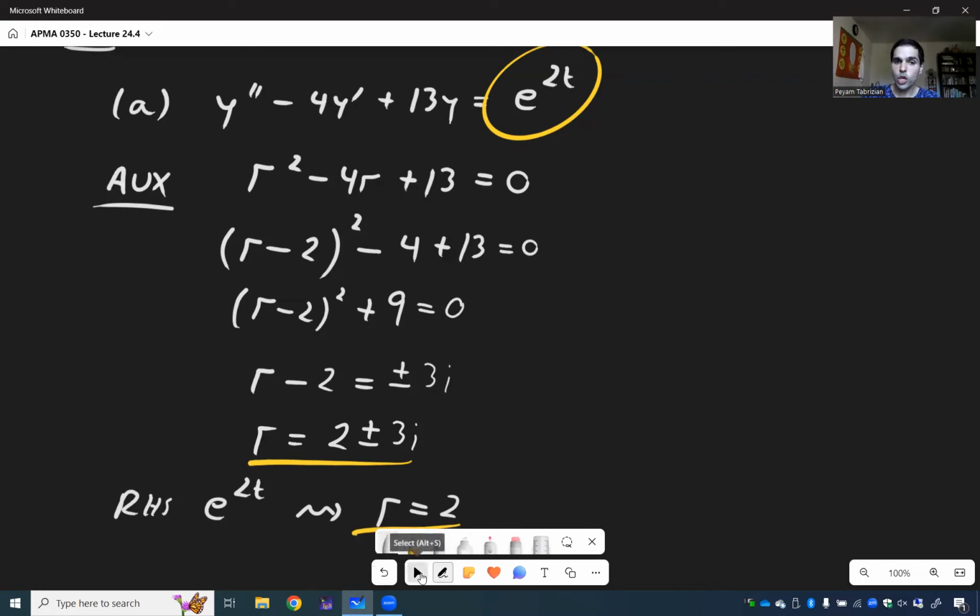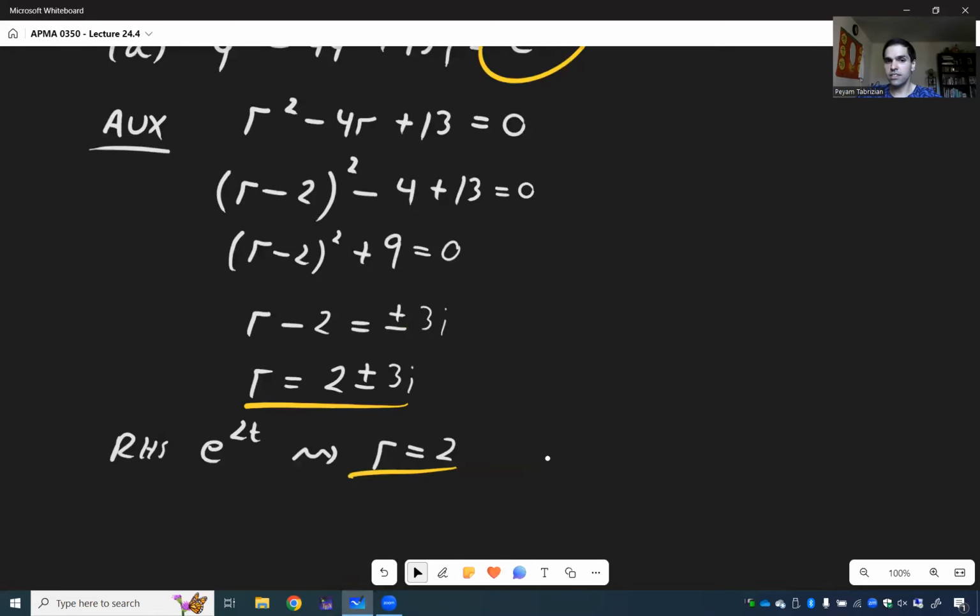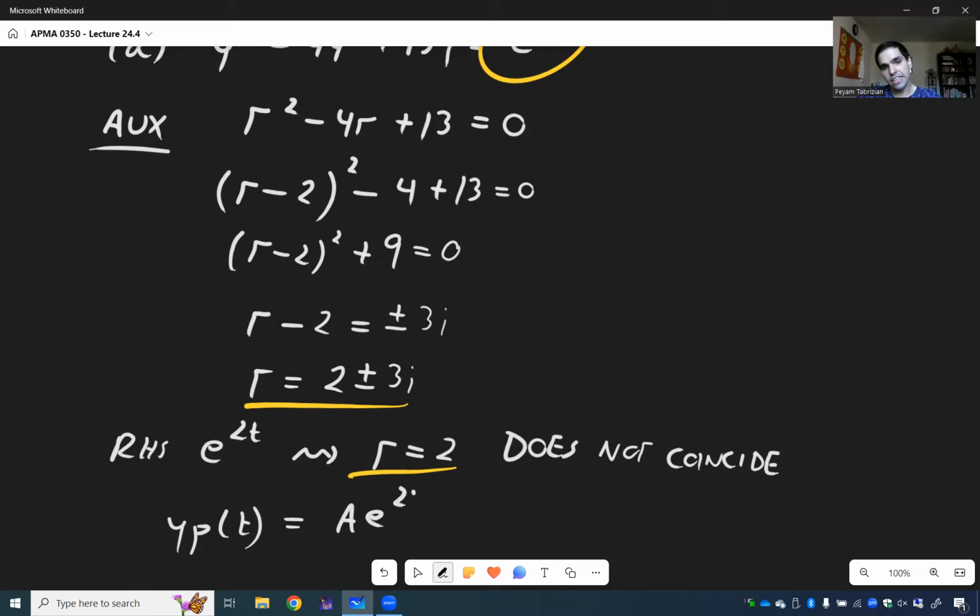So because this 2 is not 2 plus minus 3i, it does not coincide. And so there is no resonance, and so we guess just the usual thing. So we have the right-hand side e to the 2t, so by rule 1 of undetermined coefficients, you guess A e to the 2t.